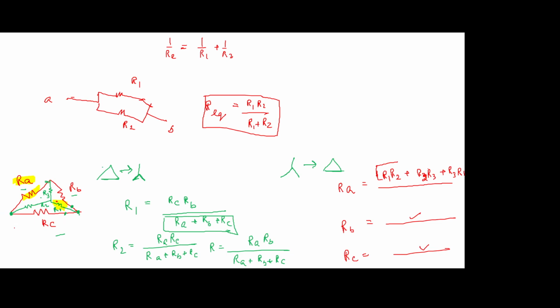So we will have to divide it by the value of R1. For RB, which branch is opposite? Can anyone speak up? R2. R2, right? Similarly here R3. This is the trick to remember for star and delta conversion.